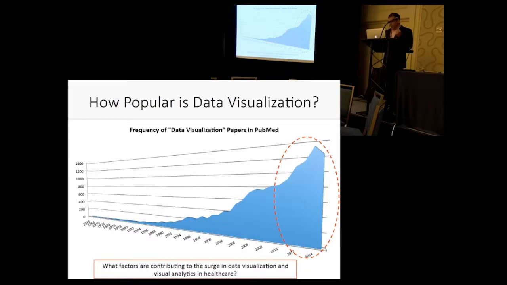And there are many factors that influence what we have seen now. One factor is the data, more and more data. Another factor is people understanding the need for data visualization.